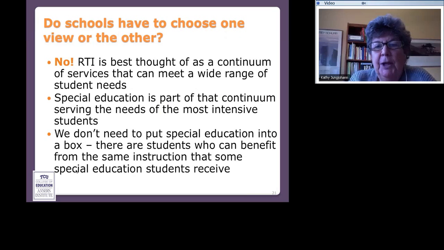And if you think of special education as being part of that continuum, special education is often better equipped to serve the needs of the most intensive students, but we don't necessarily need to put special education into a box. There are lots of students who can benefit from the very same kinds of instruction that students who are in the special education system also receive.